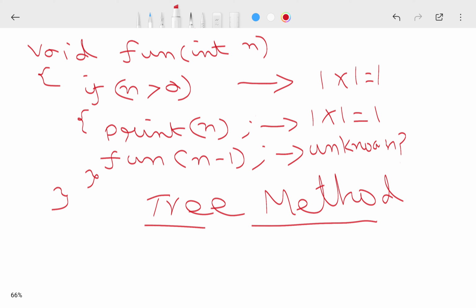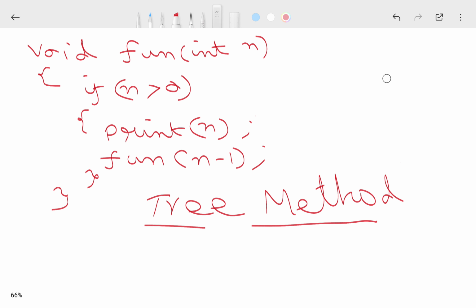The recurrence relation is used to find the time complexity of that particular function. Suppose the recurrence relation is represented by T of n. This T of n is the overall time taken by the entire function, and this n represents the actual input size.